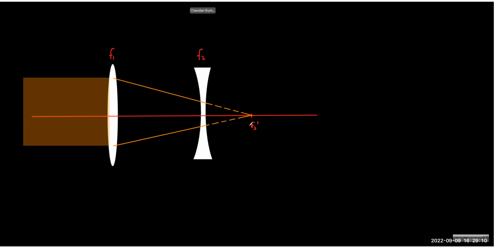So F2 dash is the principal secondary focus for the convex lens, F1, and it is the principal primary focus for the concave lens. If it is both at the same time, what will happen? The beam becomes parallel after the lens. Understand?